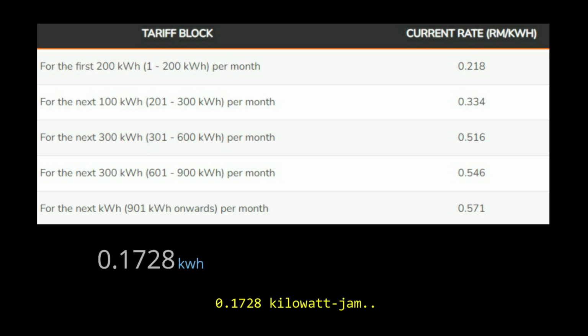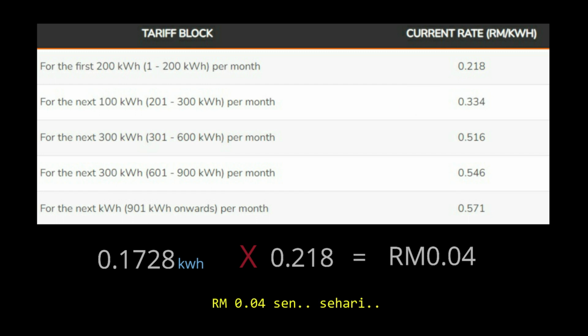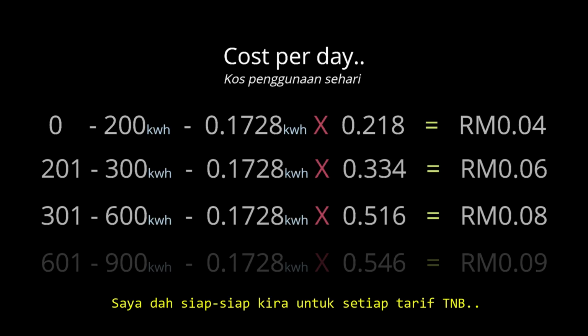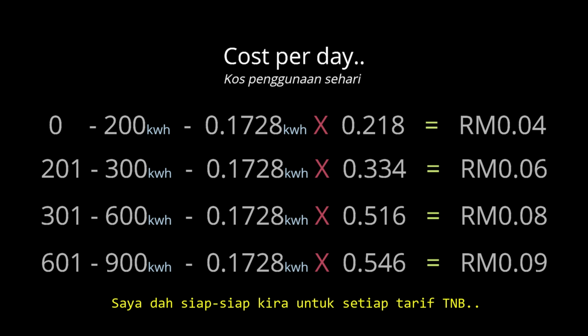0.1728 kilowatt hours multiplied by tariff TNB 0.218 equal to 4 cents per day. I have calculated for each TNB tariff. And this is the result: cost per day of LED lighting.